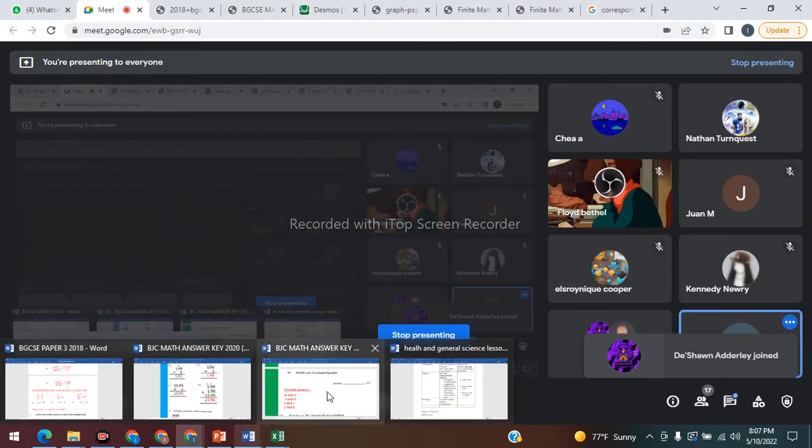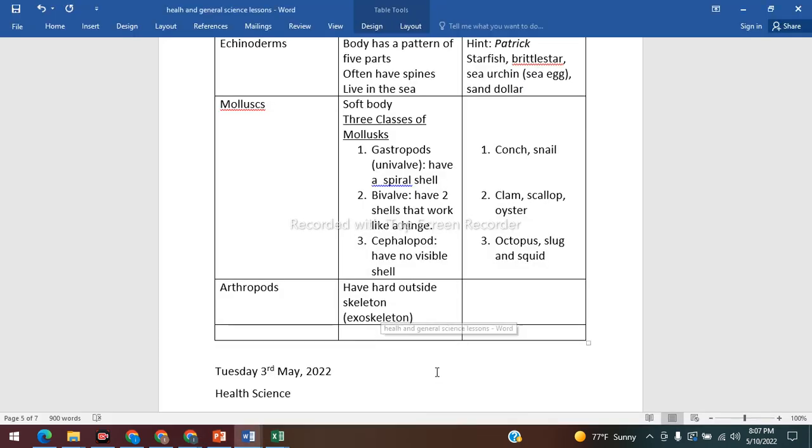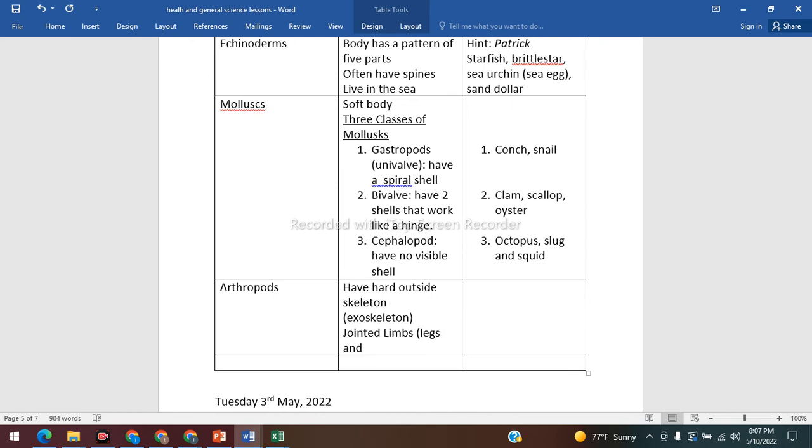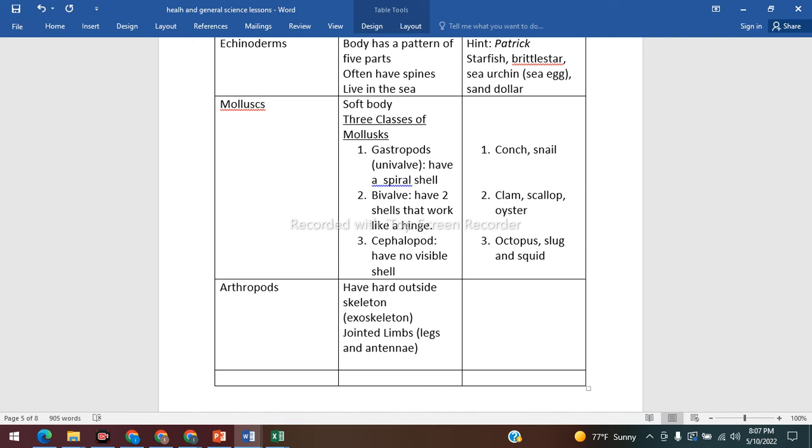So they have a hard outside skeleton. They have jointed limbs. When we say limbs, we mean legs and what? Antennae. This goes for all though. They have a segmented body.